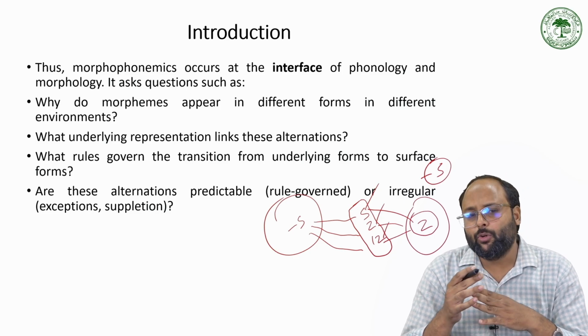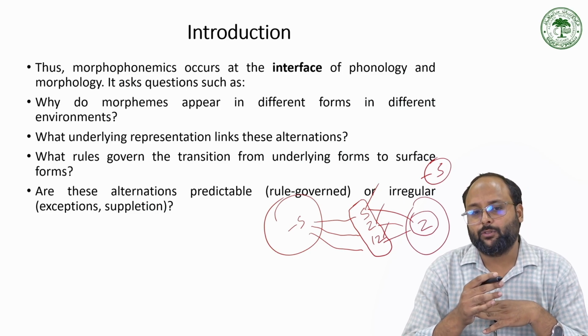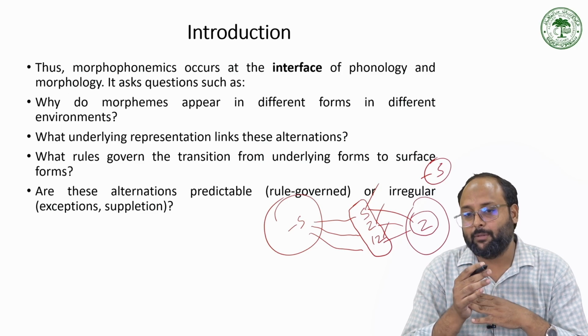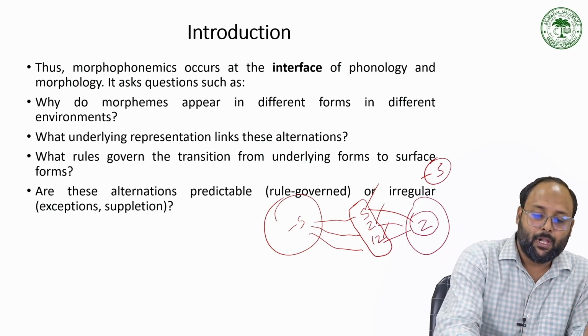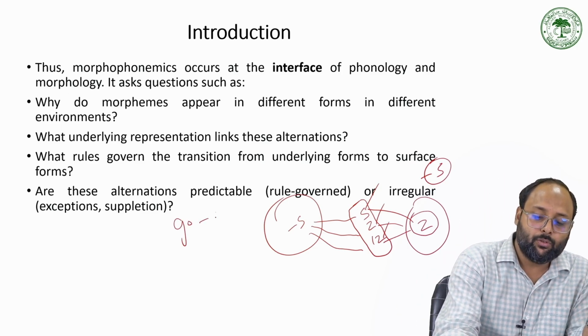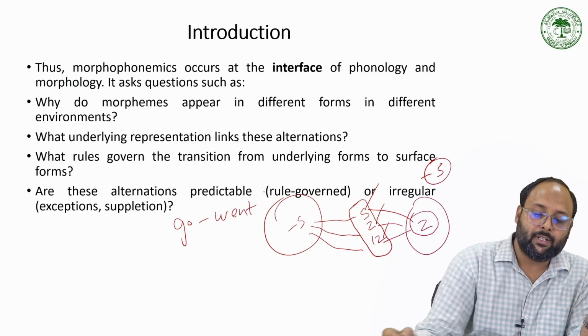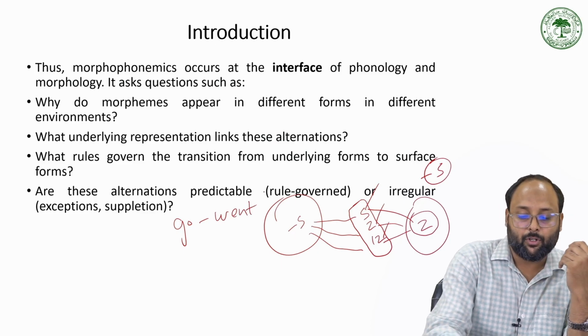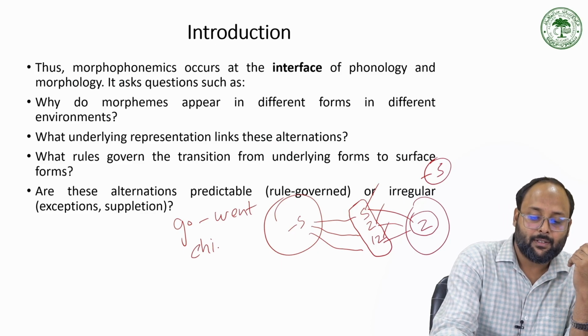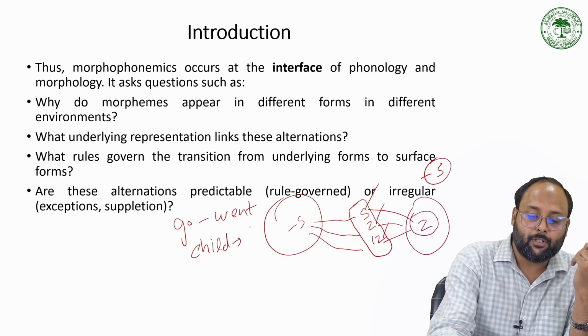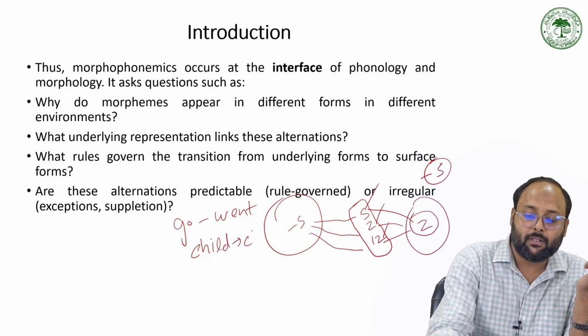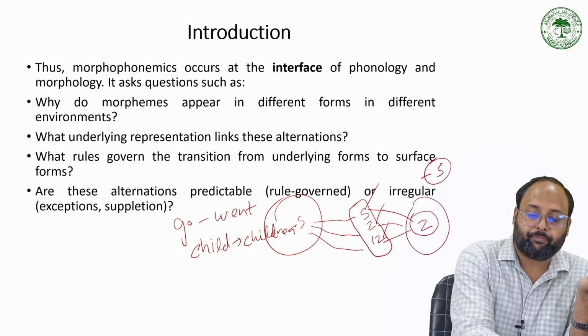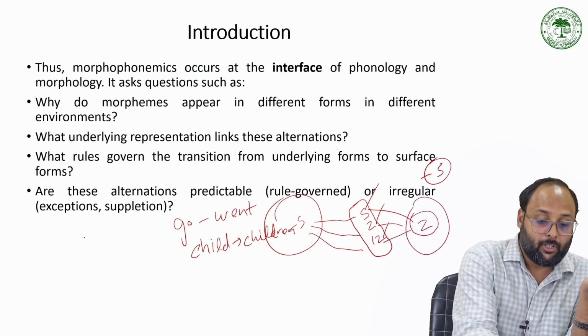And there are some irregular changes also, which come under the exception. For example, go changes into went, and for child we make the plural children, and for ox we make the plural oxen.